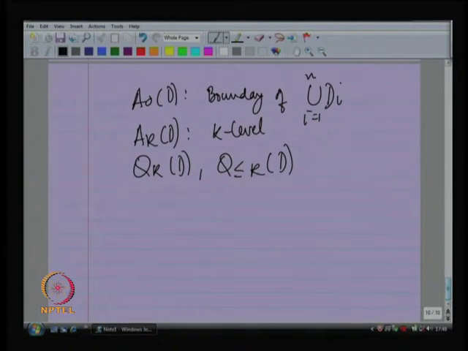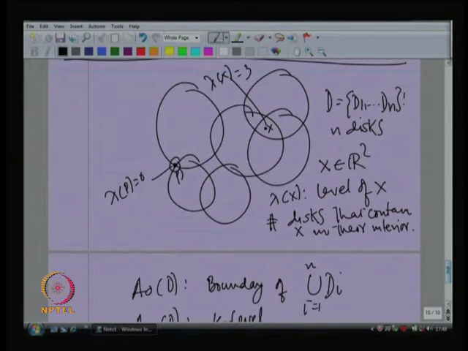Now, the first lemma, for now you should believe me: if you have a set of disks, how many vertices can appear on the union, on the boundary of the union? There are n square vertices, am I right?